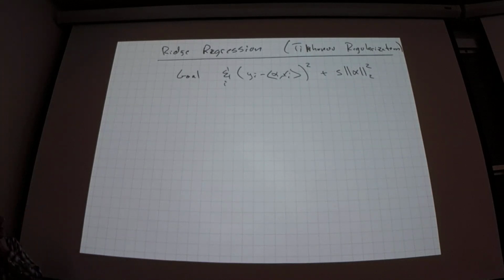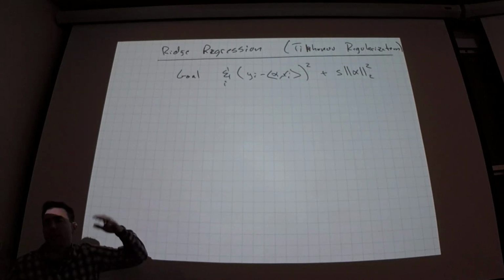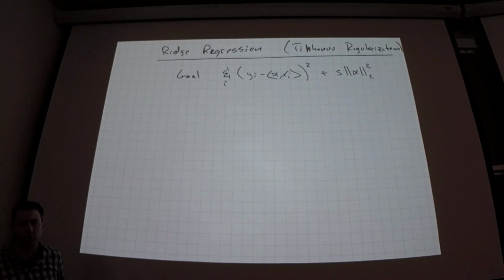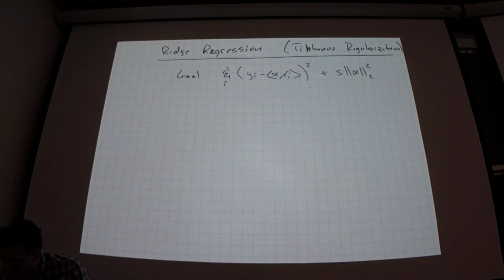Okay, so I'm going to add this extra penalty term. S is going to be some scalar value, some regularizer parameter. And I have this penalty on a complex model alpha.